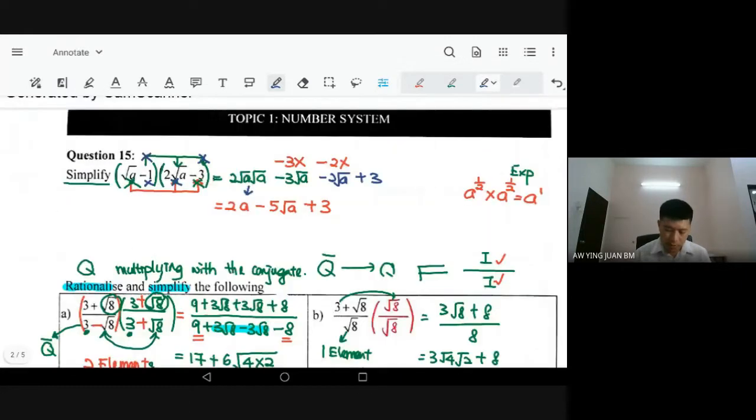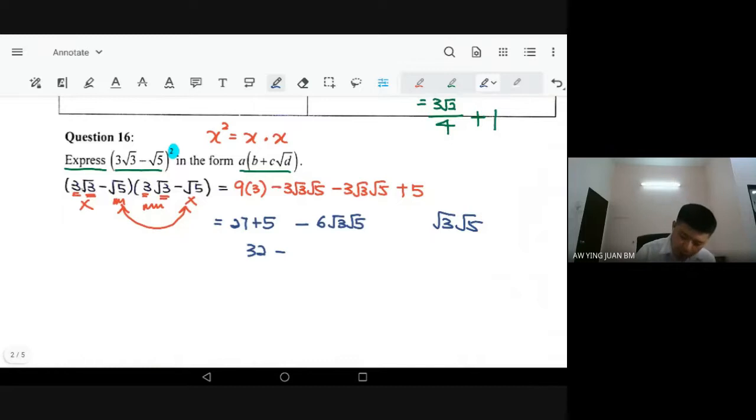Get back to the question. So here we have 6 square root of 15. Cuba you tengok soalan. Dia nak bentuk apa? Dia nak bentuk A bracket B plus C square root of D. Nasib baik saya sudah buat jadi square root of 15.